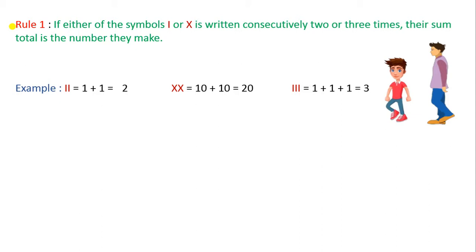But sir, what about symbol V? Can we use it also consecutively 2 or 3 times? Oh, that is a good question, Rahul. And the answer to your question is we cannot use symbol V repeated consecutively.